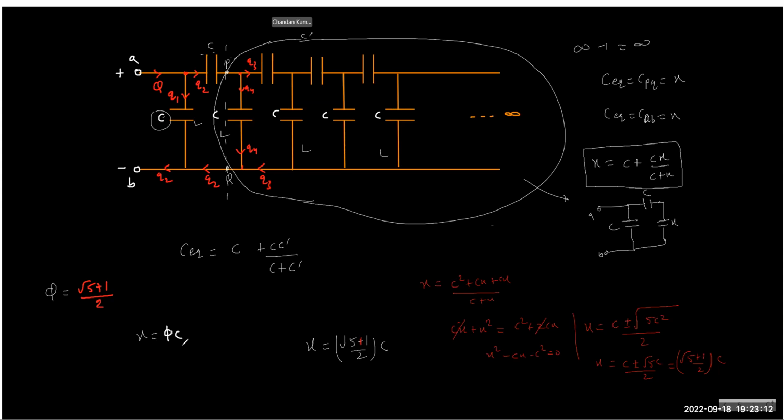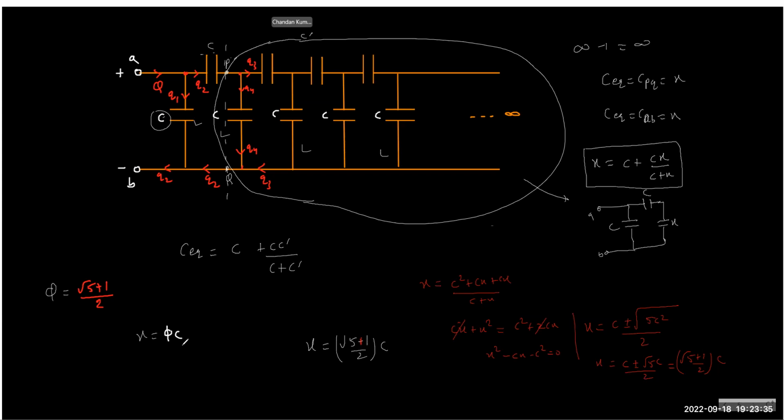So the value of the golden ratio is 1.618. I think this will give you 1 plus root 5 over 2... Yeah, 1.618 is the correct answer.